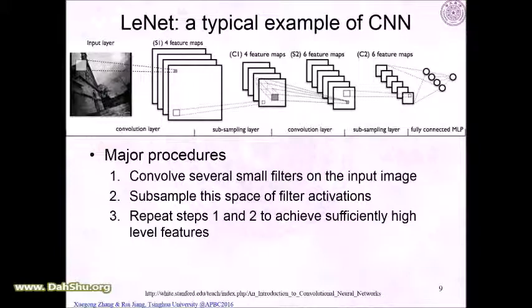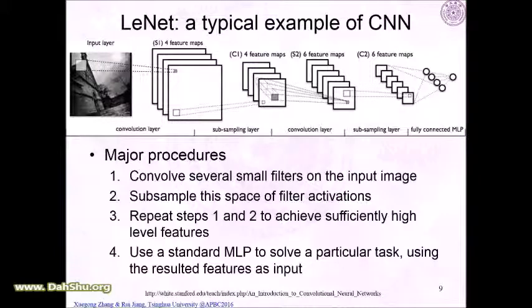We can have multiple iterations. And then finally, we have a fully connected multilayer perceptron. That is the standard neural network. So this is the basic procedure. Let's go into the details one layer at a time.